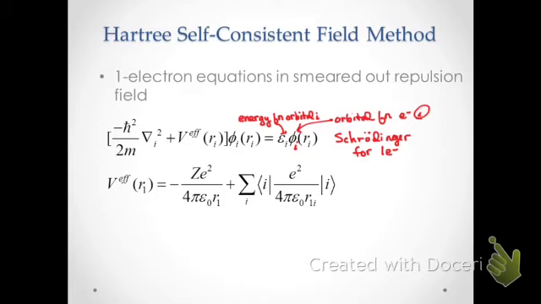So this one-electron Schrödinger equation allows us to calculate the orbital wave function and the energy associated with that orbital.